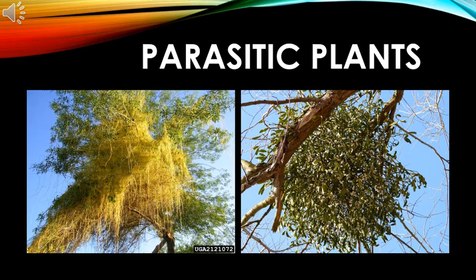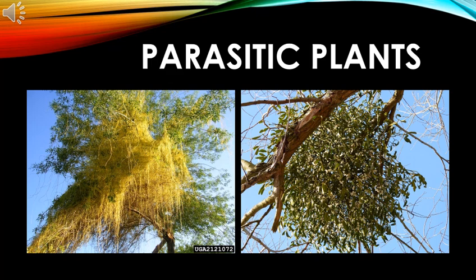Parasitic plants. These are green plants that obtain their nutrition from other living organisms. In this type of nutrition, the plant lives on another living plant to derive its nutrition. Now, this plant climbs on another plant, captures it and sets itself to feed upon it. The plant which provides nutrition is the host.